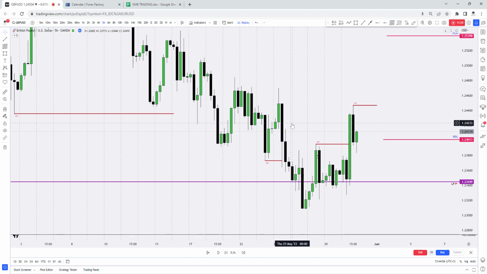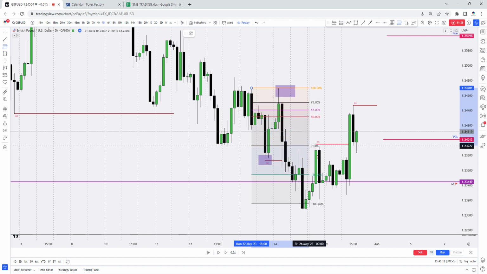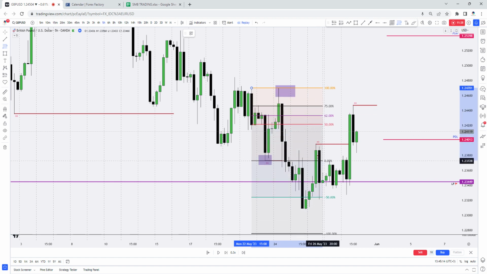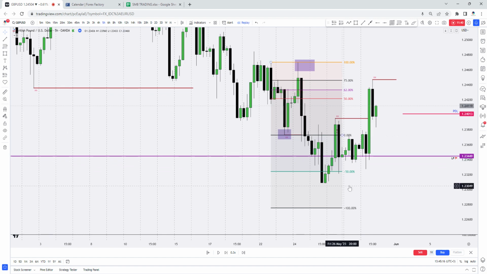Let me repeat that. So now you can see we have a swing high and a swing low that has been taken. Now if I use the fib, most of you use it this way, from this high to this low, and this is a fib extension.